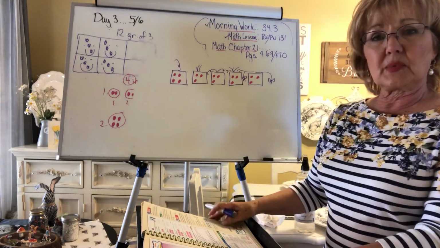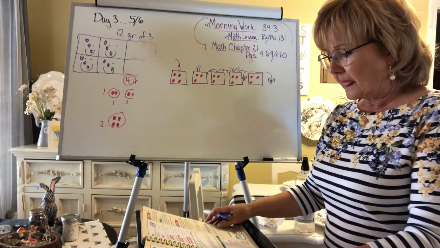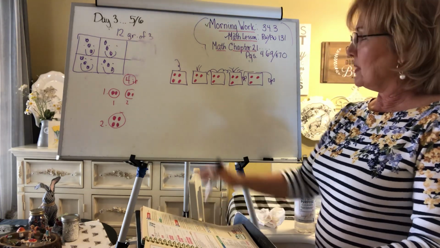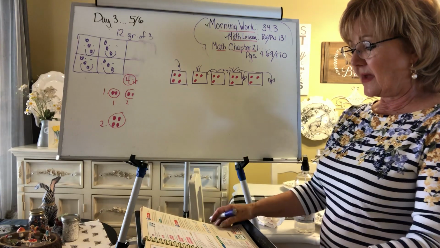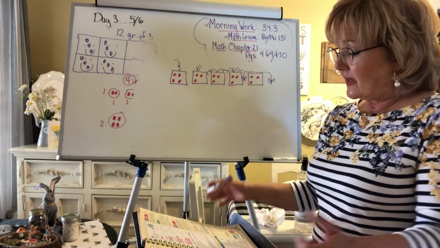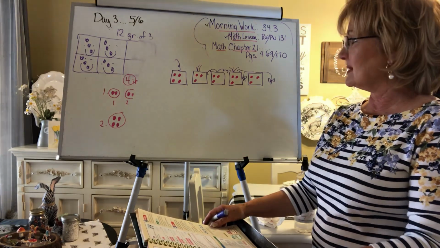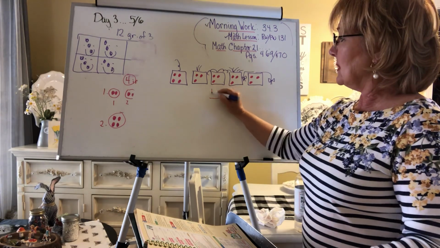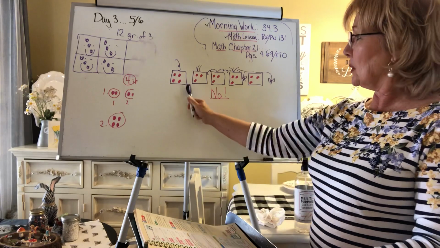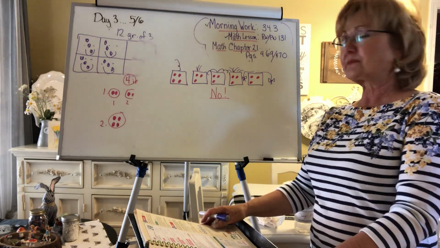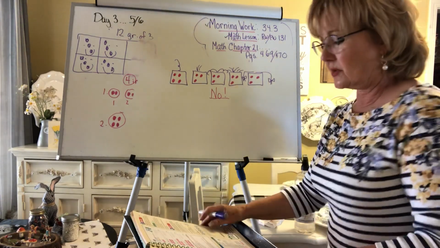We ran out of game pieces. What's the question? Are there enough pieces for 5 children to each have 4? They need to have 4 pieces. What is the answer? The answer is a big fat no. Only one child had 4 pieces. All right? That's one way you can get to it.